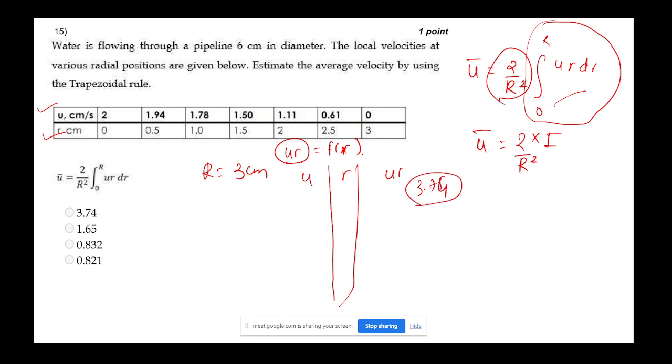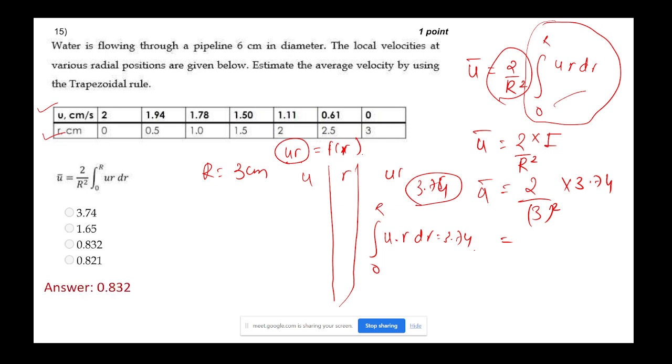So here you know that the integral from 0 to r of u into r into dr is nothing but 3.74. You can cross-check and calculate on your own. u bar will be 2 by r square, with r equal to 3, so 2 by 3 square into 3.74, and if you do the calculation, u bar comes out to be 0.832.